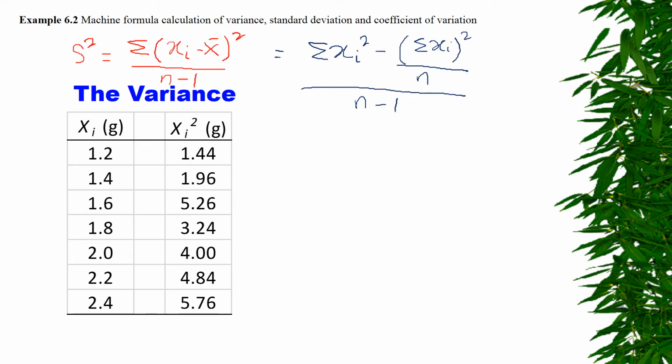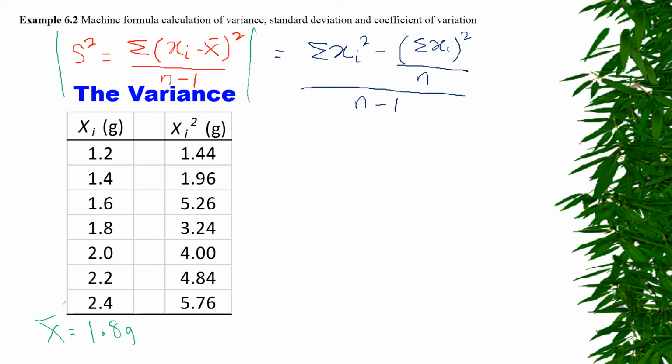Okay, let's do some calculation or try to test this formula. Let's say you want to use this simpler formula. Simpler means simpler in terms of the equation. So you need to find the mean, the x bar here. The x bar here is the total, and then you can get 1.8 grams. So this is the first step you need to do.